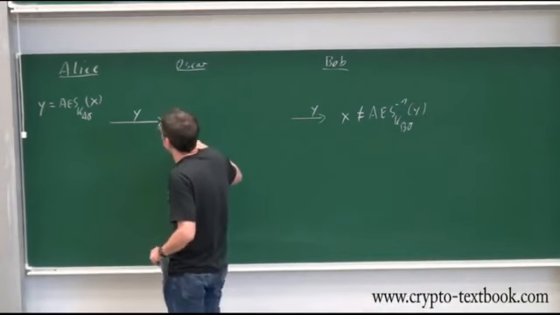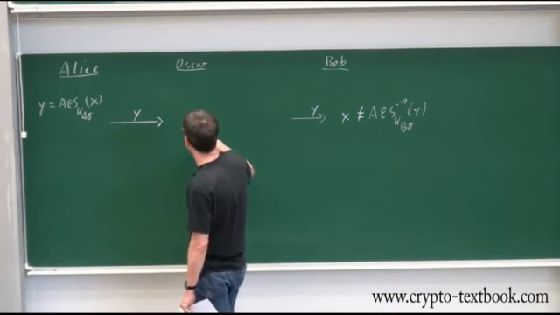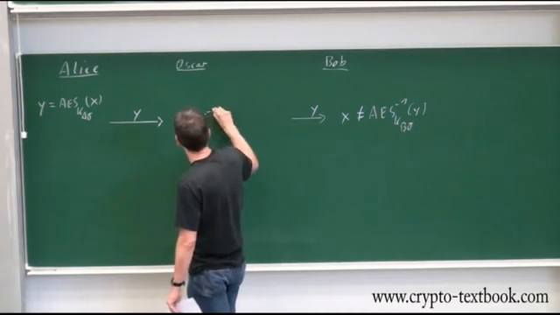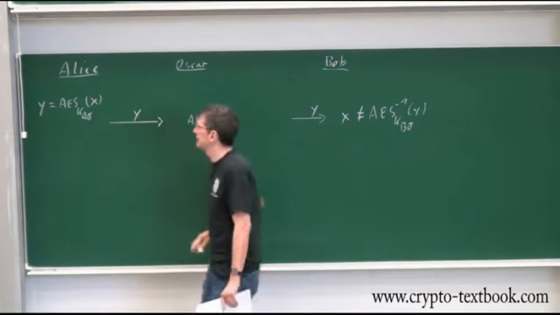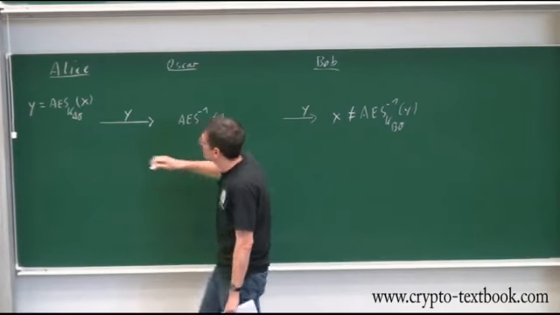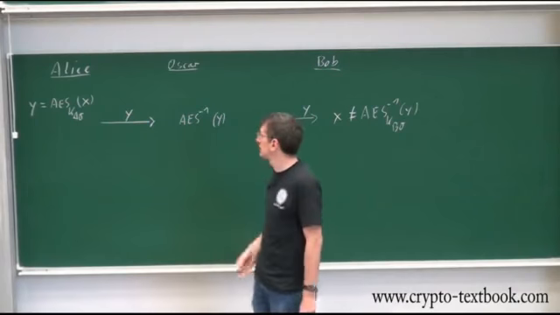One thing he is definitely able to do is decrypt, which is the first problem that we have. So he can decrypt Y using the session key that he shares with Alice.